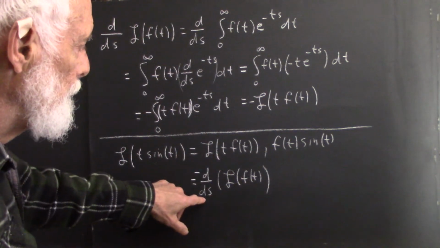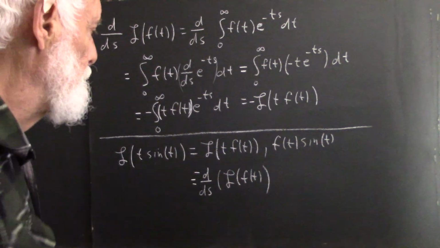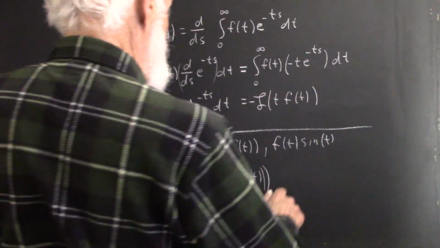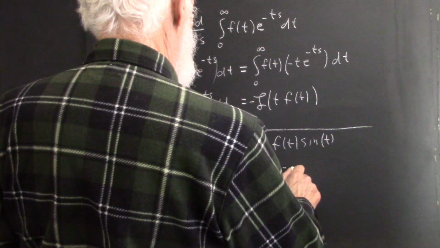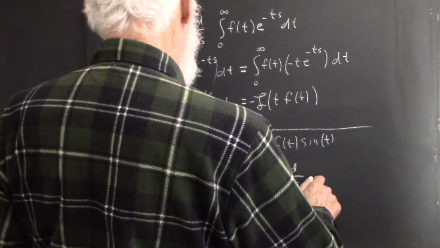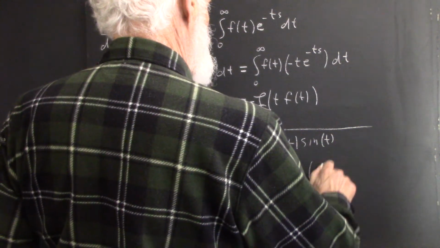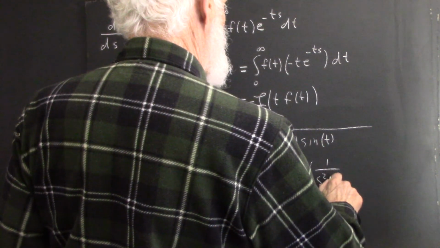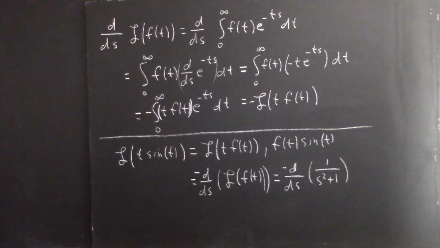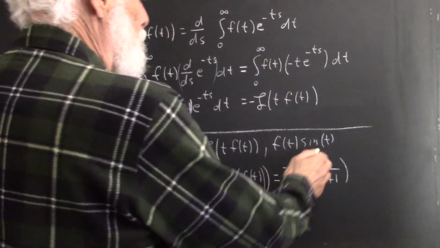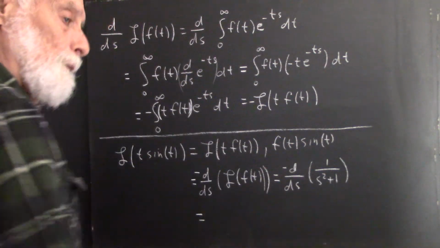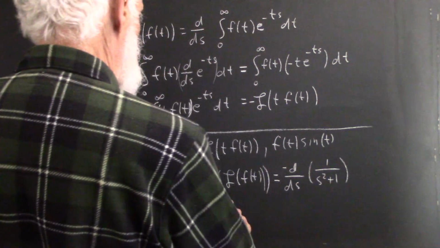Okay? And the Laplace transform of f of t is the Laplace transform of the sine of t, and presumably by now we are pretty familiar with the Laplace transform of the sine of t, and that's 1 over s squared plus 1. And the derivative now of 1 over s squared plus 1, very straightforward. Chain rule, your derivative of s squared is 2s.